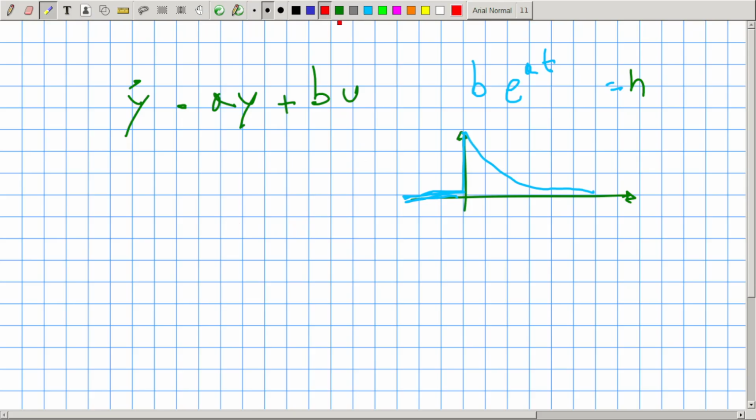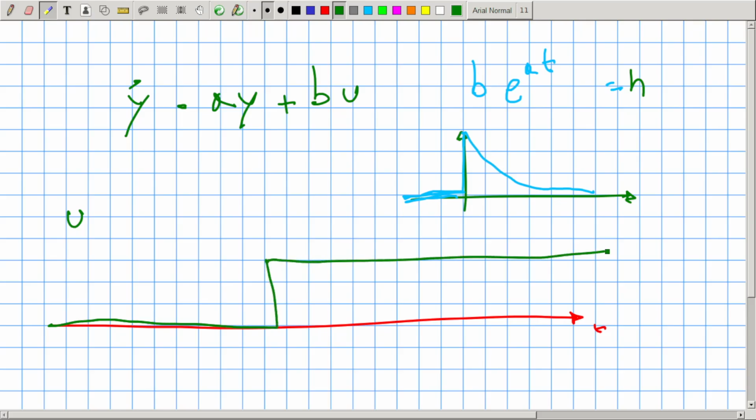If u looks like this signal here in time, how do I get the forced response at this time here?